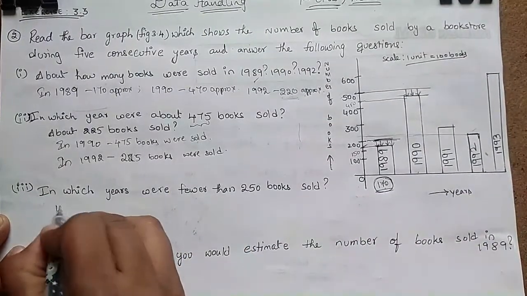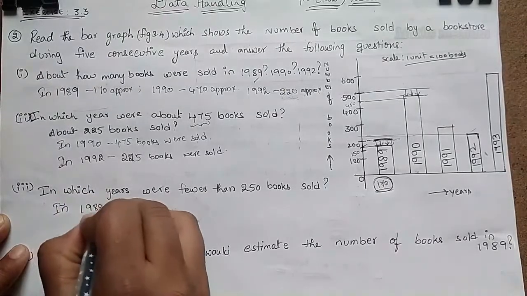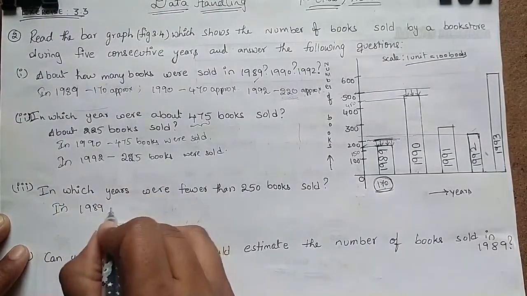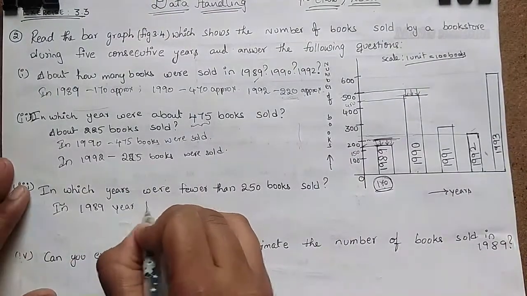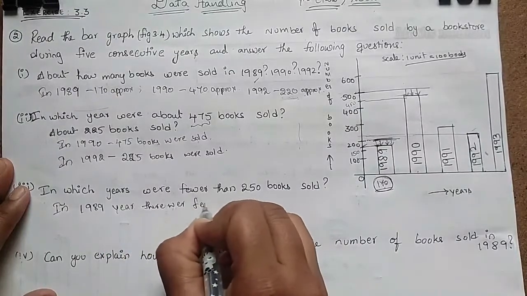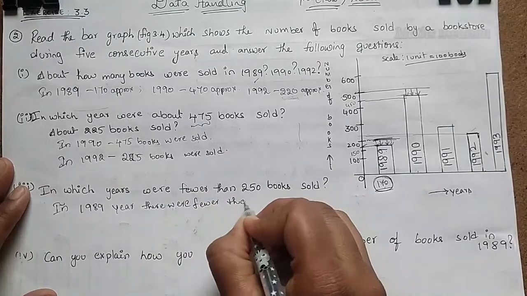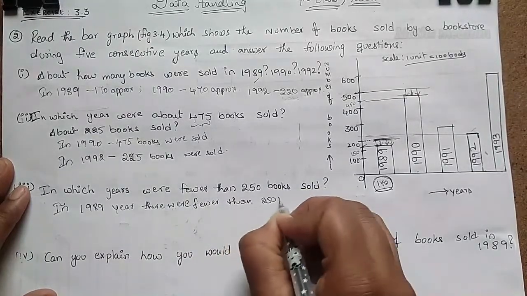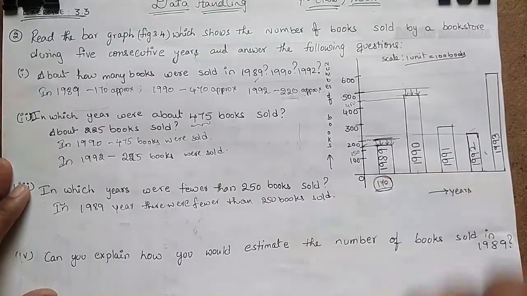In 1989, fewer than 250 books were sold. This was the answer for this question.